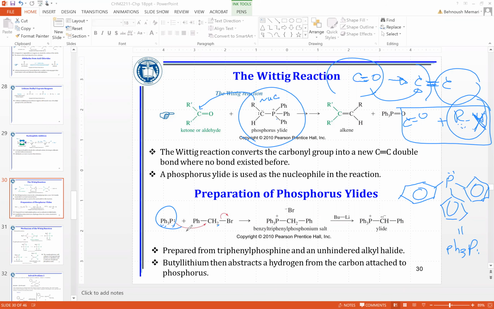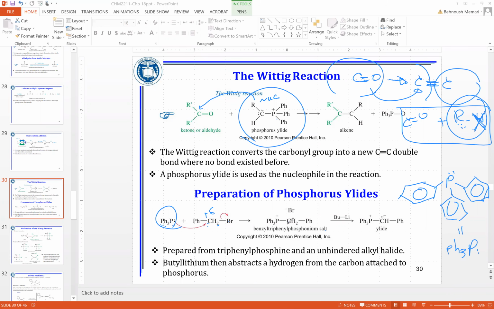When you bring the triphenylphosphine plus the alkyl halide, the phosphine with its pair of electrons acts as a nucleophile and forms a new bond between the phosphorus and the positively charged carbon. The leaving group would leave. So you have this complex here, the benzyl triphenylphosphonium salt.